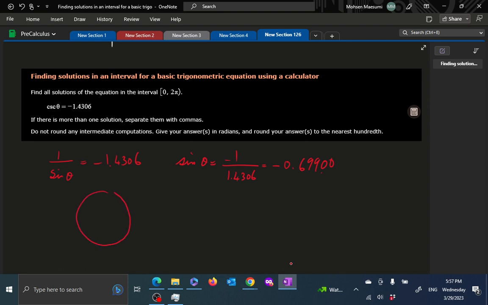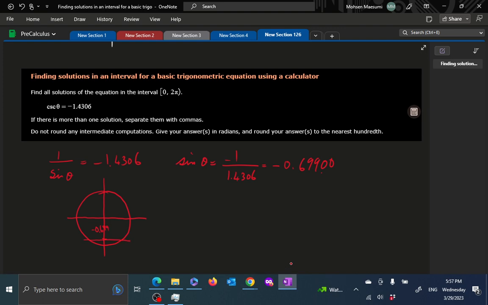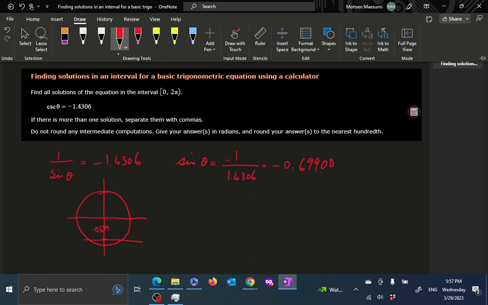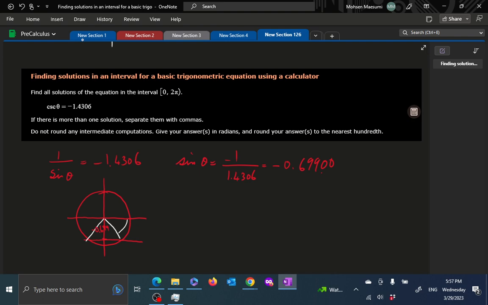So what do we do with that? We draw the unit circle. Minus 0.7 is somewhere here, minus 0.699, etc. We draw a horizontal line. The two answers we are after are these two angles. Calculator is going to give you a negative angle.